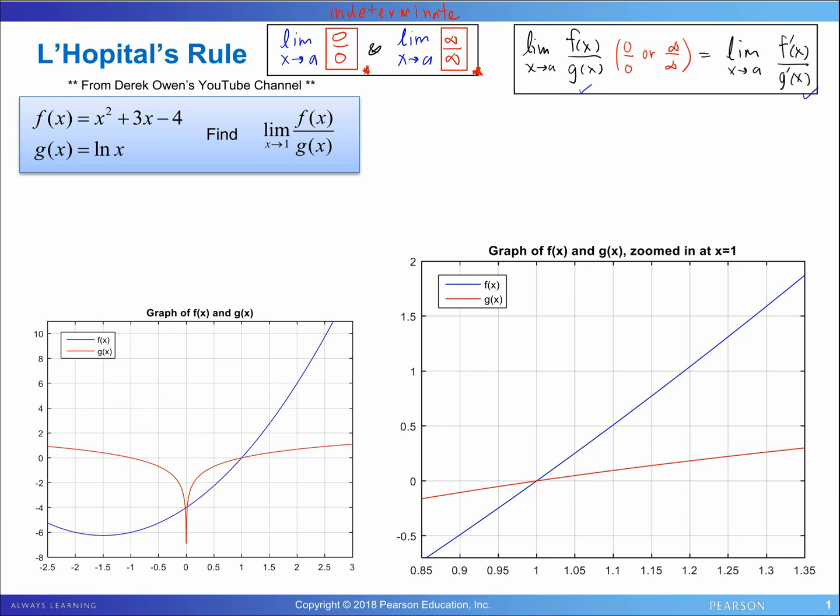The actual proof turns out to be quite long and related to Rolle's theorem, which I think most of you are not familiar with. So here I'm going to take another route and give you an intuitive explanation instead.